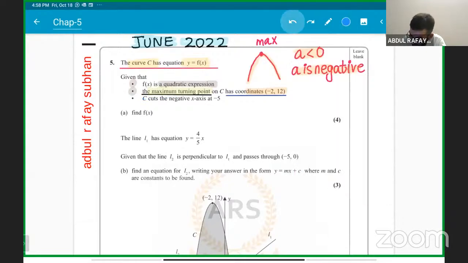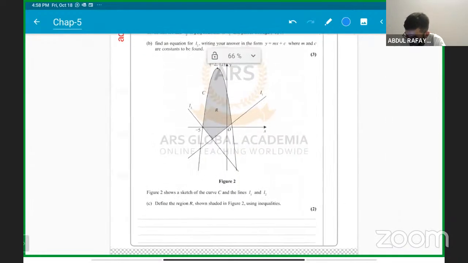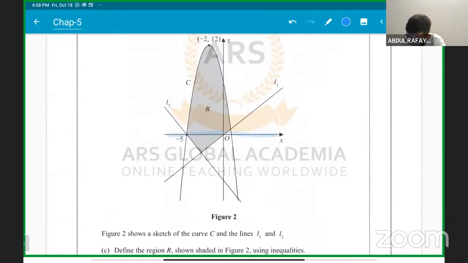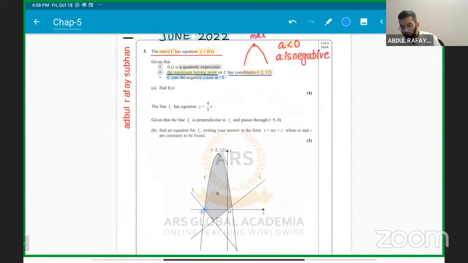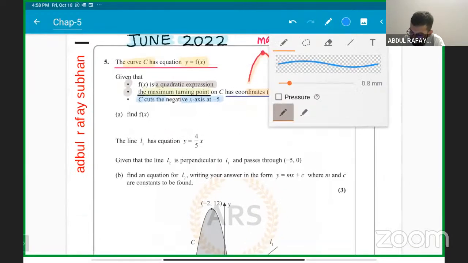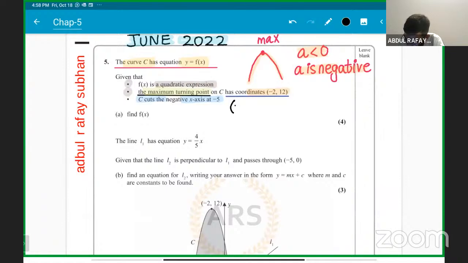The curve C cuts the negative x-axis at -5. As you can see, this is the curve, and C is cutting the x-axis at -5. Even if you don't look at it, you should know that cutting the x-axis means that when x is -5, the y coordinate is 0.